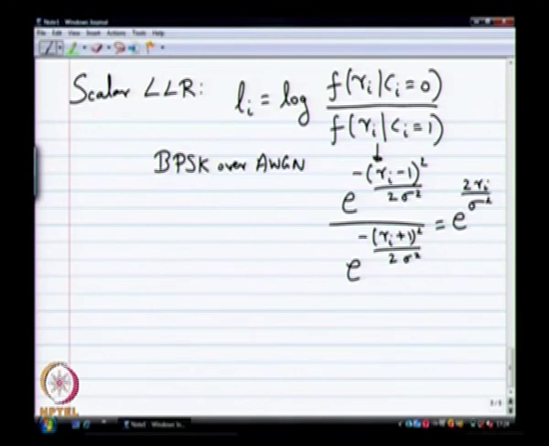Okay, is that okay? So, for BPSK over AWGN, I am not able to write suddenly. Let me try once again. It is not working.